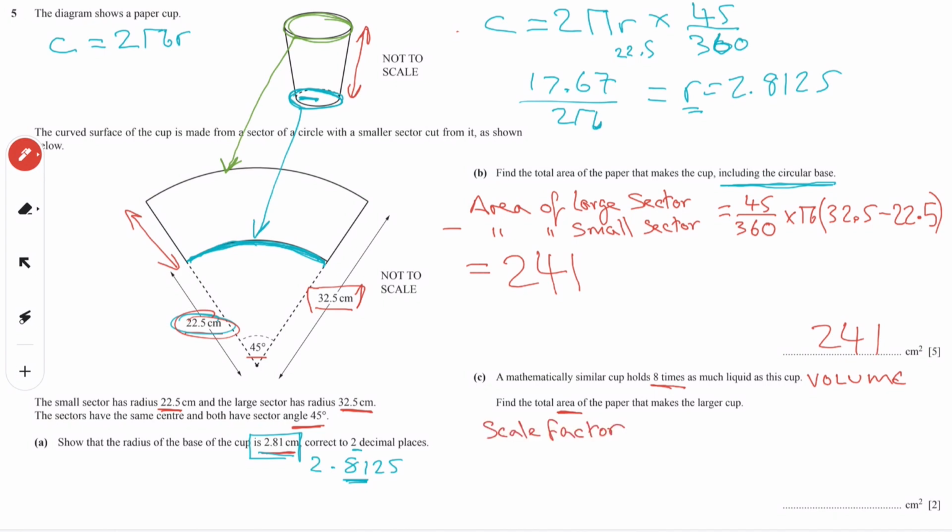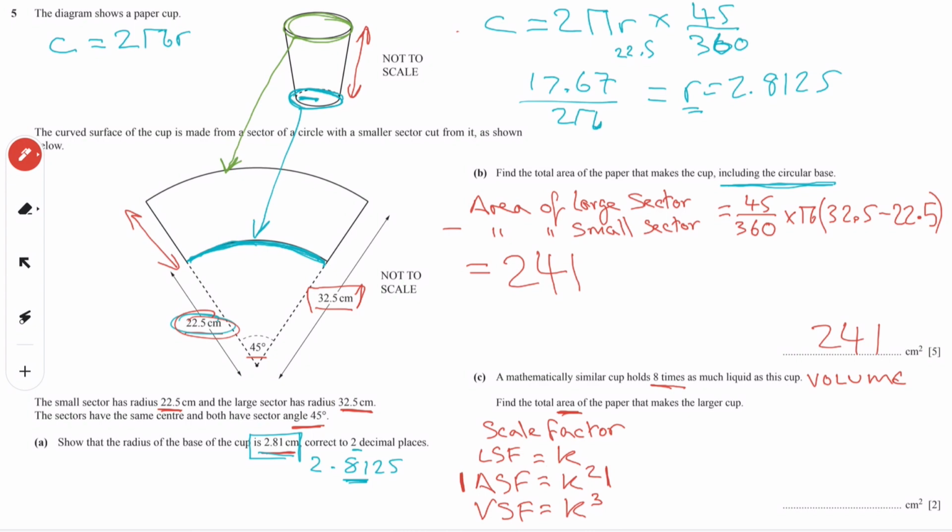Now we generally like to write scale factors as follows: a linear scale factor is basically k, an area scale factor is k to the 2, and a volume scale factor is k to the 3. Now we're saying this is 8 times bigger, but because we're finding the area, we're going to be using the area scale factor, which basically is squaring a number.